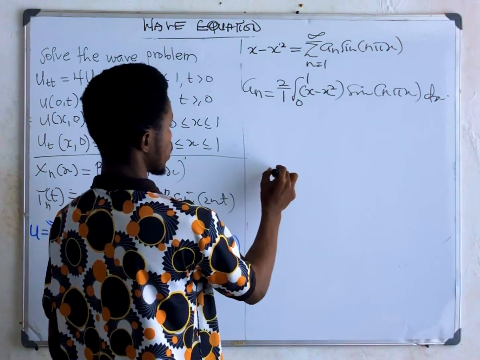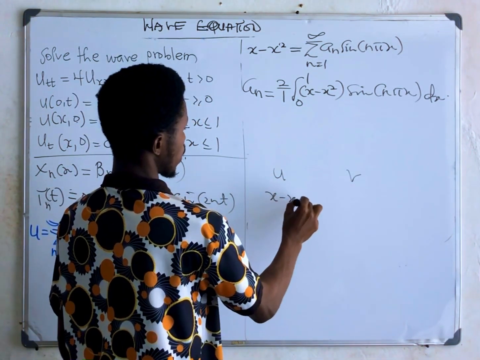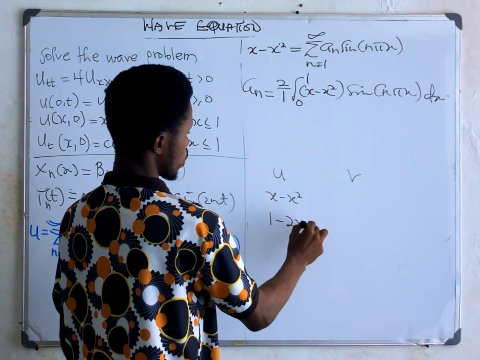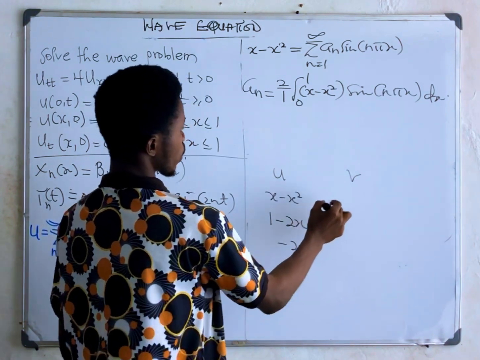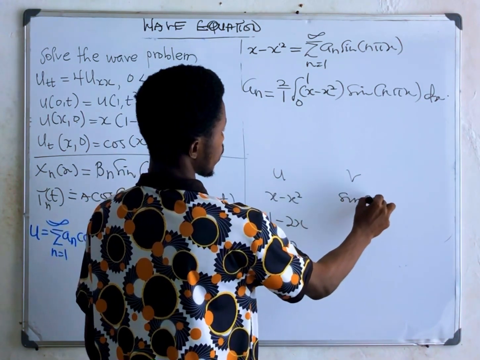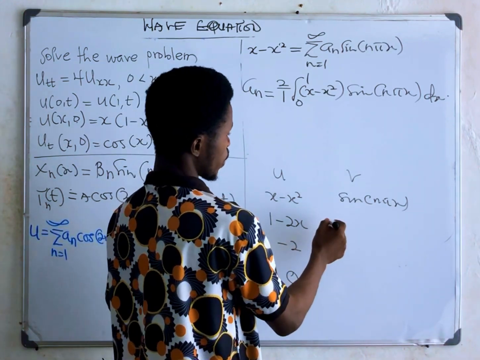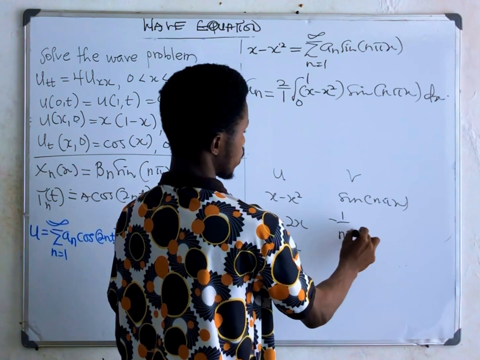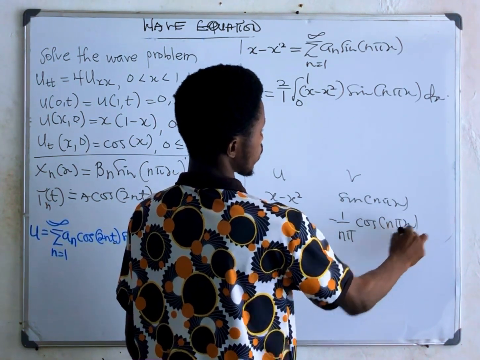Using integration by parts, here will be u and v: x minus x squared. If you differentiate this, we have 1 minus 2x. If you differentiate this, we have minus 2. This gives you 0. We have sine n pi x. If you integrate this, we have negative 1 over n pi cos n pi x.